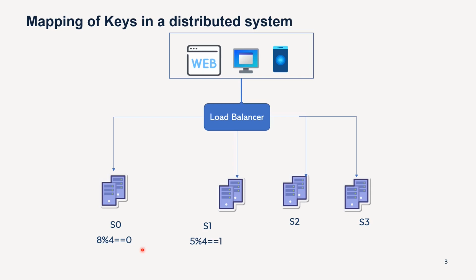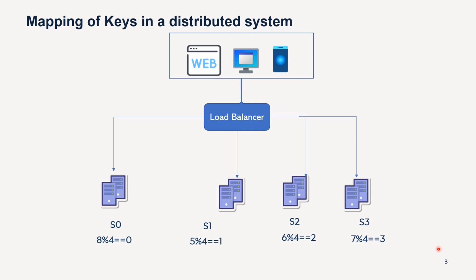Next time, suppose the key is 5. The same function applied gives 5 mod 4 equal to 1, so you save that key in server S1. Similarly, if you have a request or key of 6, that comes to 2, so you save that value in server 2.